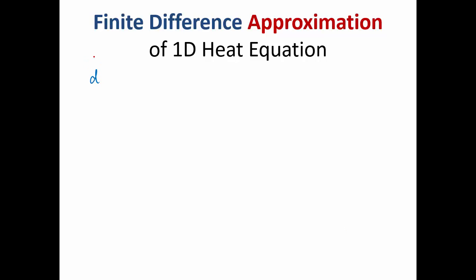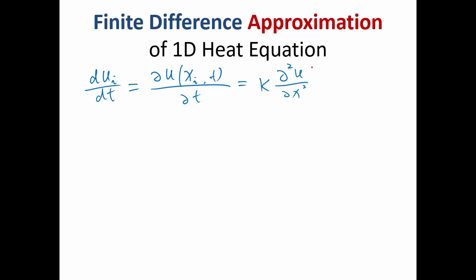Let's say dui dt, where i is an integer meaning the ith grid point, is actually the partial derivative of u at the ith grid point. Let's say xi is the location of the ith grid point, partial t, right? And if you look at the partial differential equation, it is equal to kappa times the second derivative of u with respect to x at this grid point.